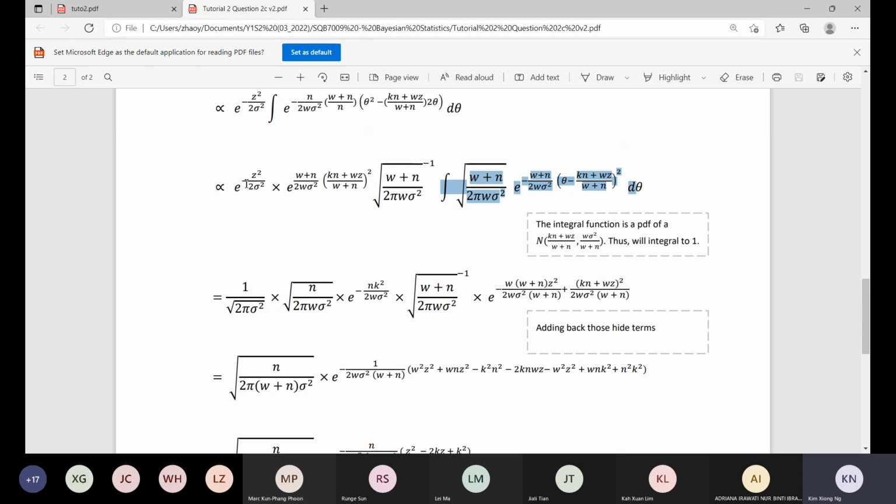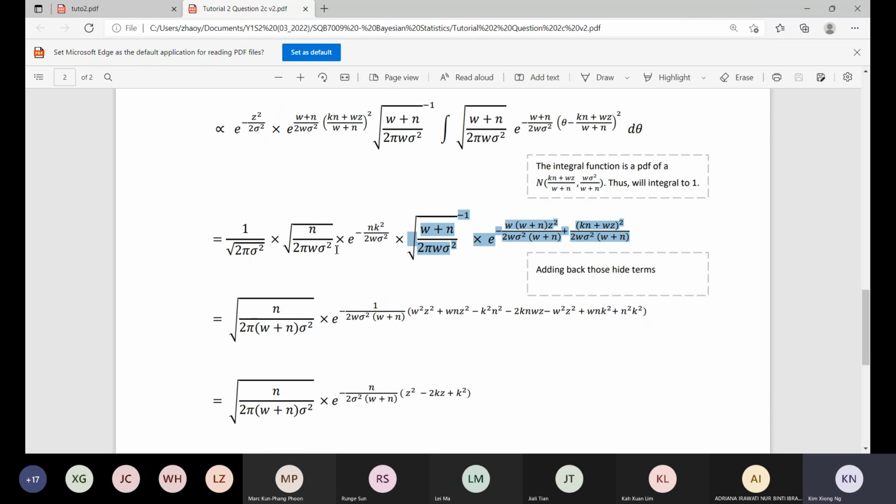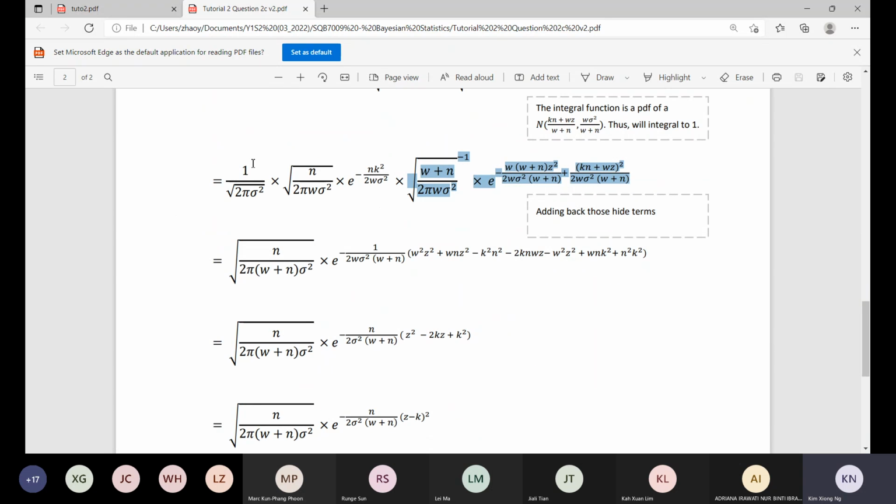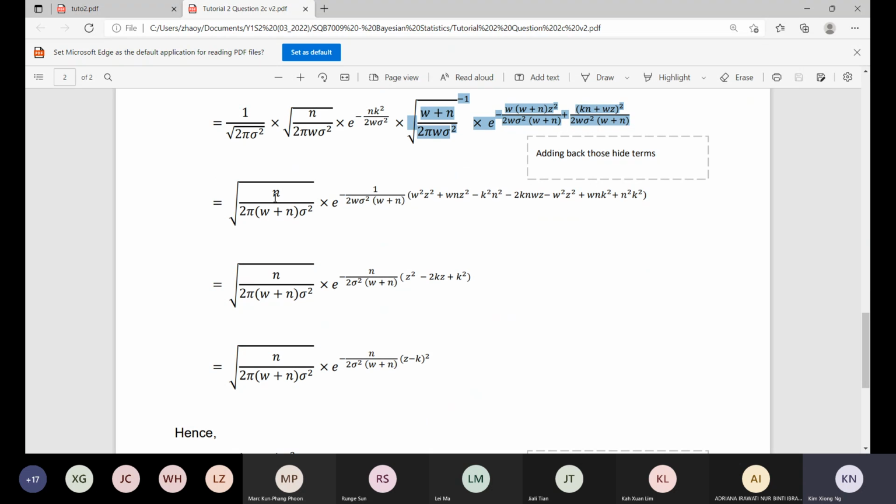So next, in this part, we just copy down and we do our things here. So this one is just algebra. And then we bring back from the initial part that we proportioned, where we removed all the constant things. So we just add back the constant and also the k value here, then we just do the algebra again and again.